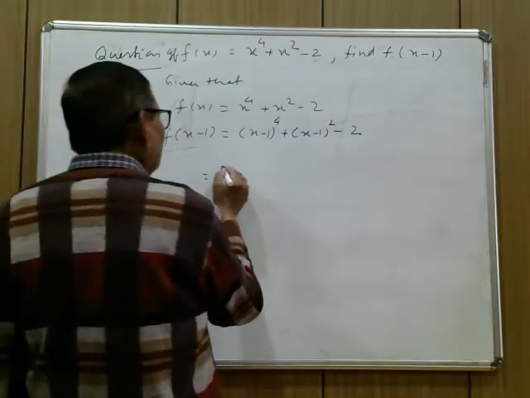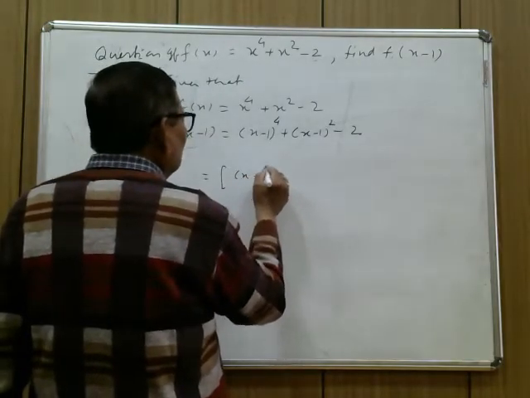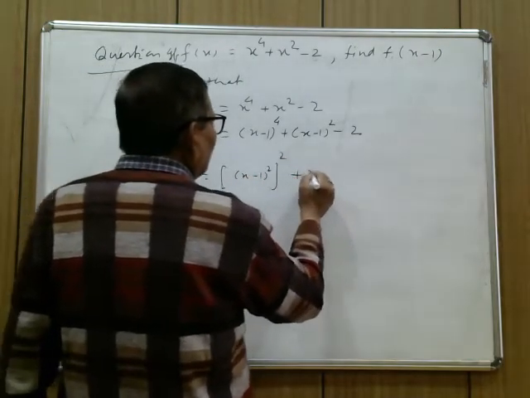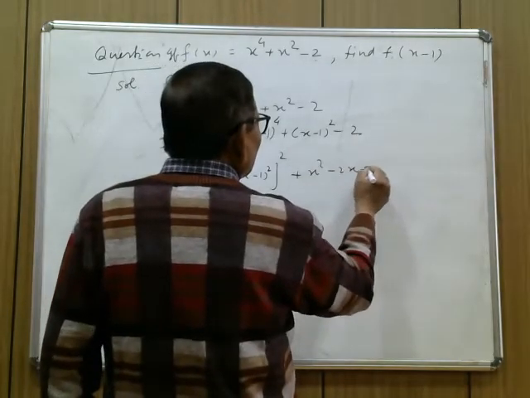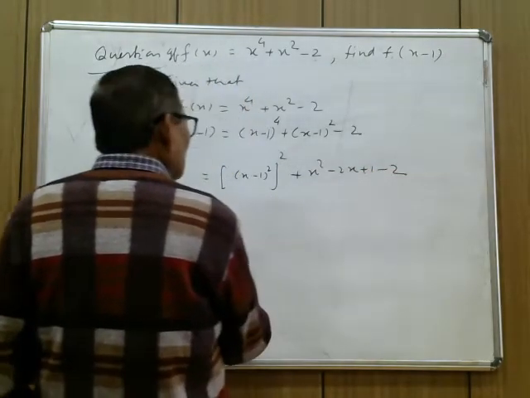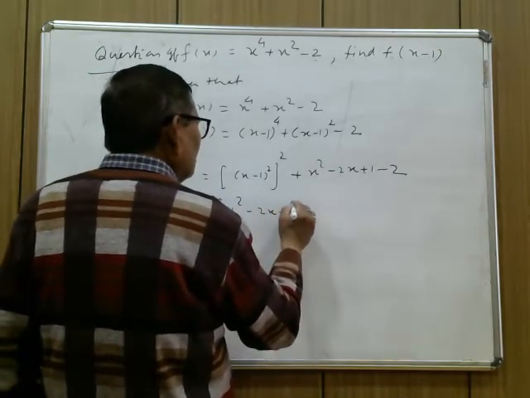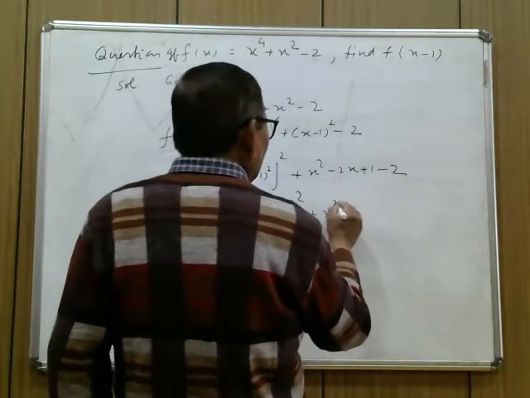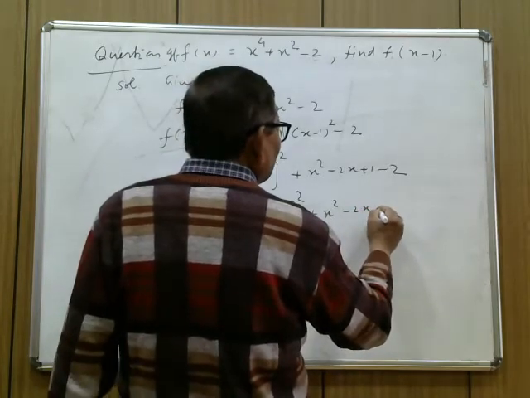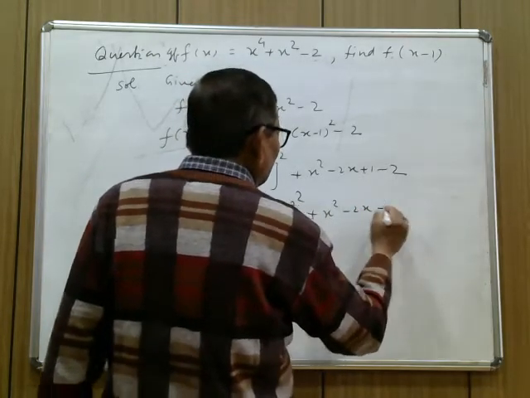and you simplify. That is equal to x minus 1 whole square of that plus x square minus 2x plus 1 minus 2, and here x square minus 2x plus 1 whole square plus x square minus 2x minus 1.